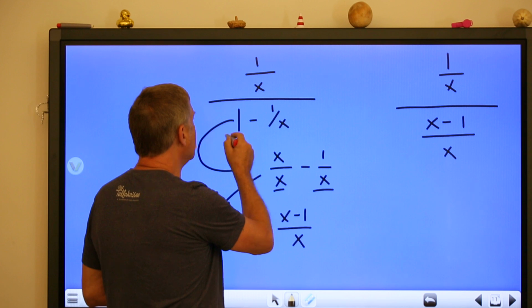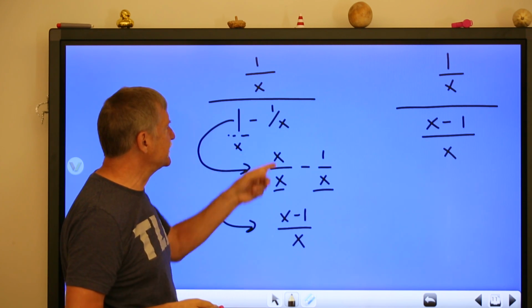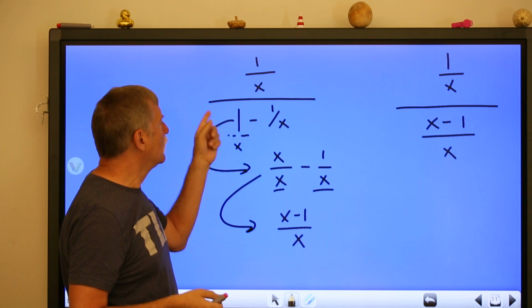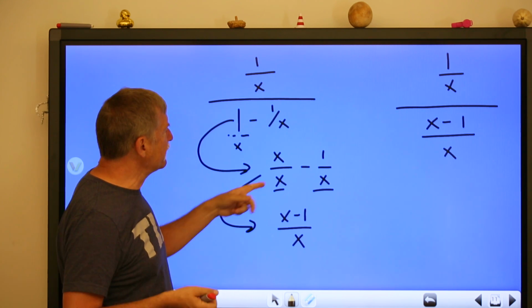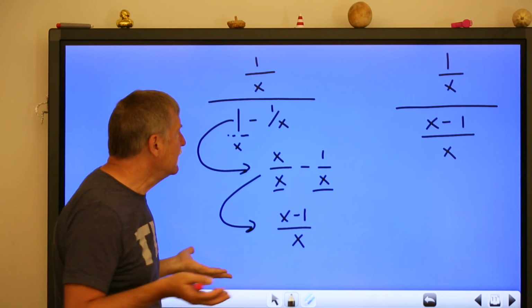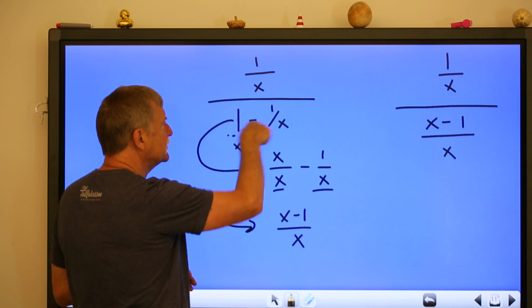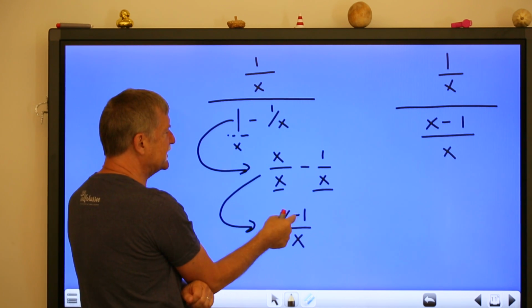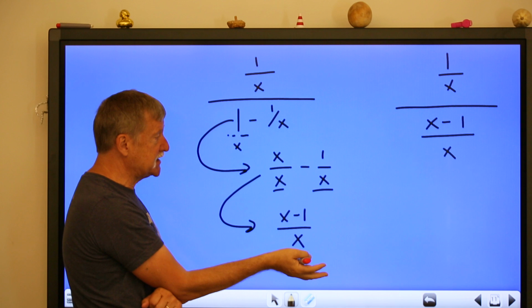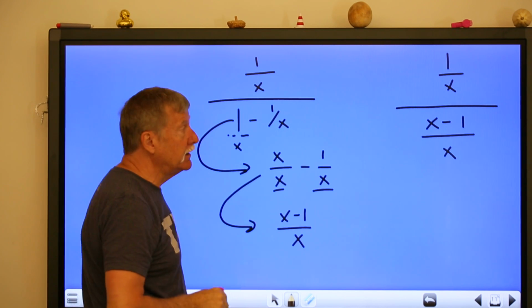I used to have a 1, but now I'm putting it over x, so what's changed? There's an x down there, so I have to put an x on top, 1 times x. And you'll notice that I've just changed 1 into x over x, which is 1 anyway. But now that I have a common denominator, I can rewrite this tricky little thing as x minus 1 over x, right? Top minus the top over the common denominator.